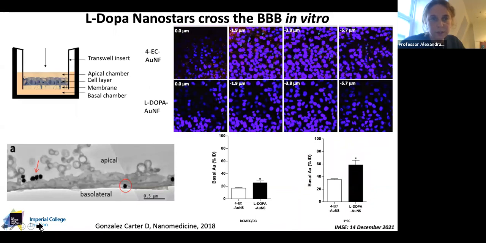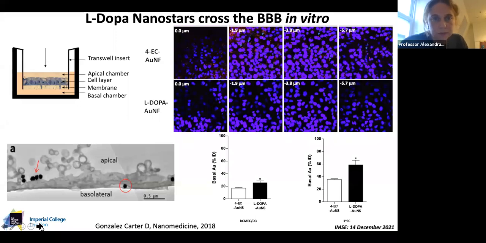Then what we did was to use our Transwell assay again, and we placed nanostars, L-Dopa nanostars, in the apical side, our blood side. And then we measured the amount of crossing into the basal or the brain side of the Transwell.